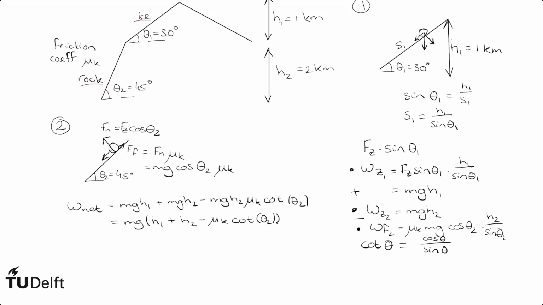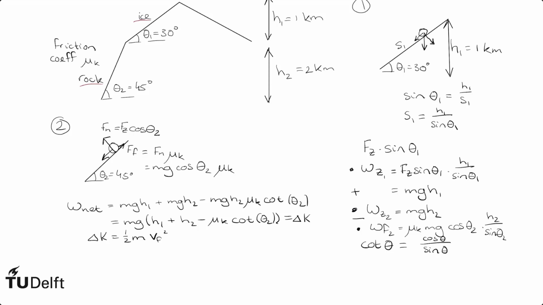This gives me a change in kinetic energy, and kinetic energy is given by, well, we start at 0, so it's just the final kinetic energy, half times the mass times the final velocity squared. And so if I want to answer the original question, which is how fast are you going when you reach the bottom of the mountain, what I have to do is rewrite this.